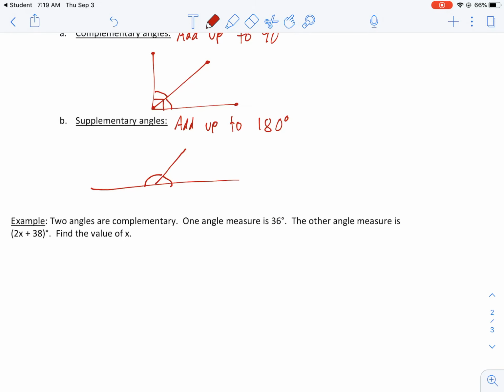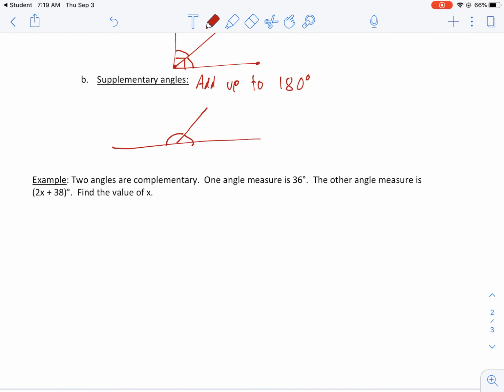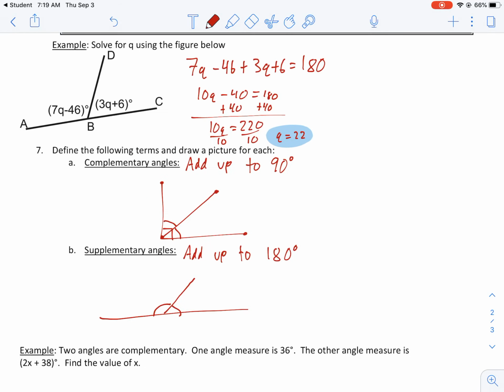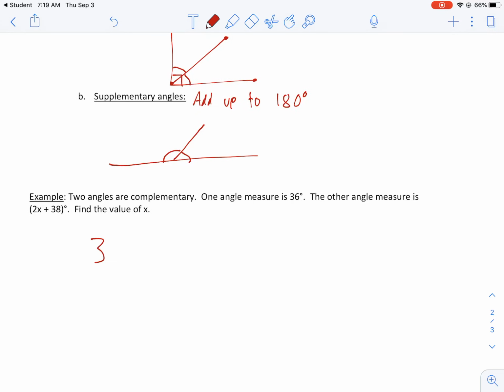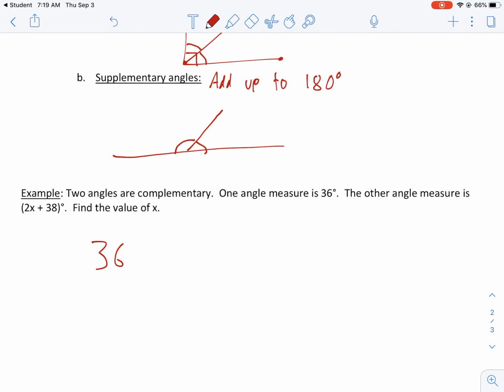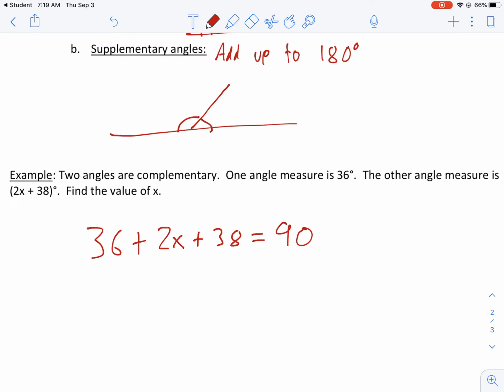So we're going to do this last quick example. Two angles are complementary. What's complementary mean? They add up to 90. So that's going to be how we set up our equation. One angle measure is 36. The other angle measure is 2x plus 38. So we're going to add those two together. And we know since they're complementary, they add up to 90.